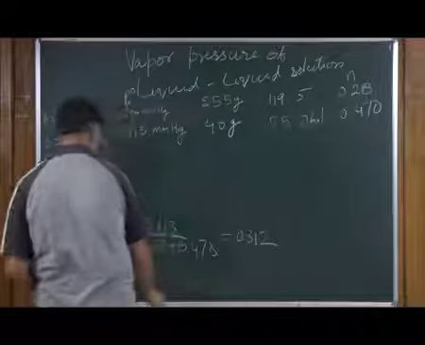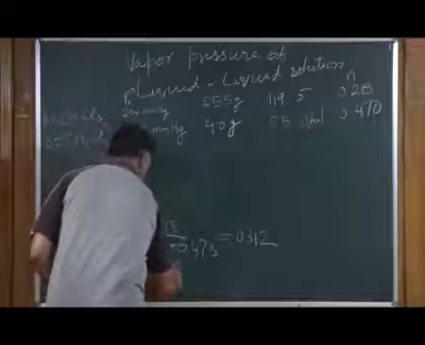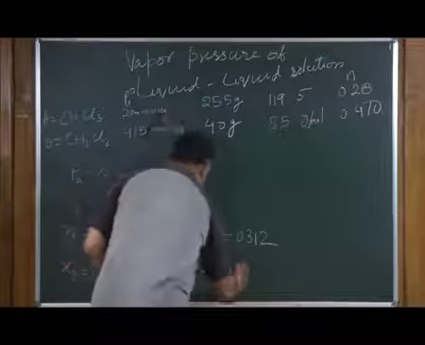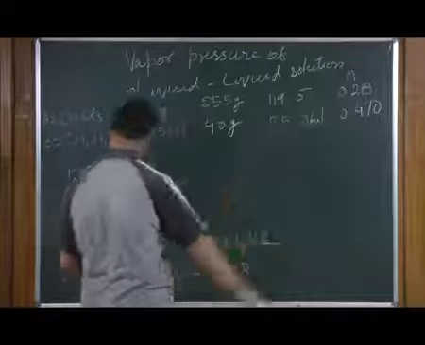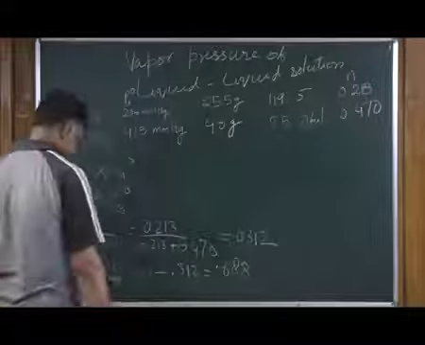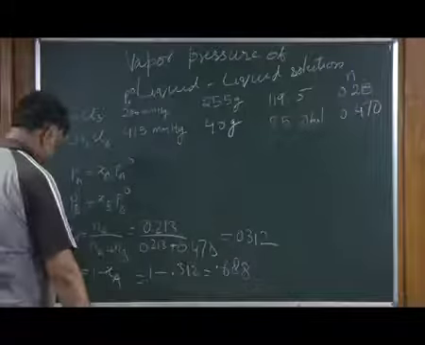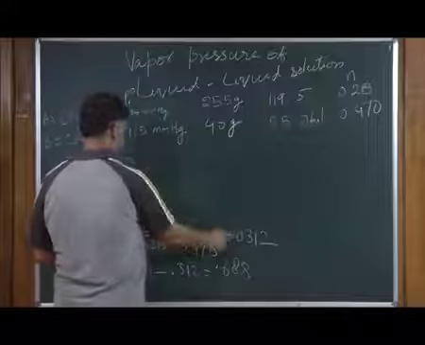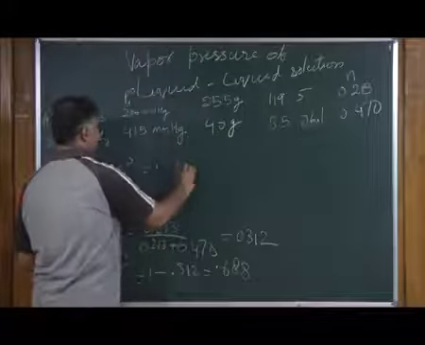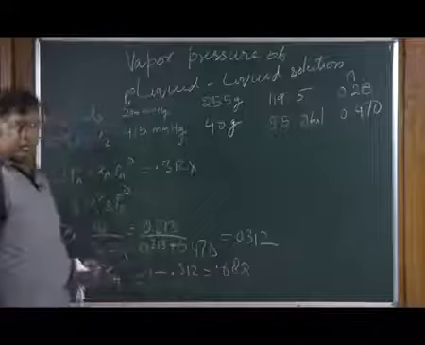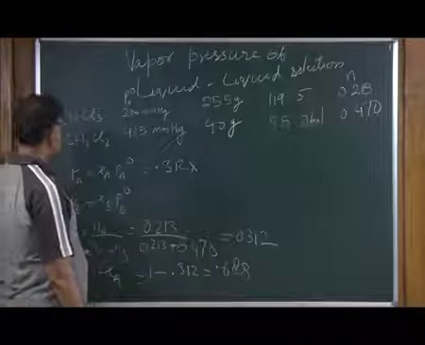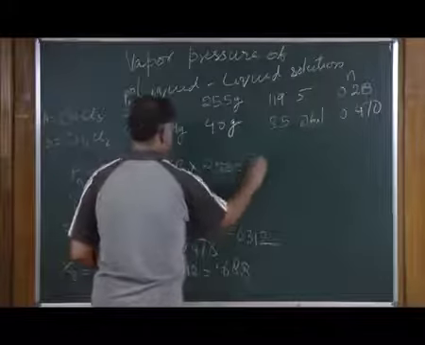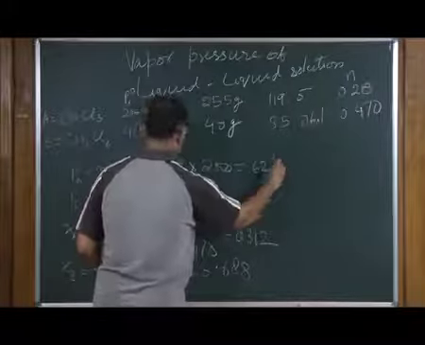And of course, using this formula, 1 minus 0.312, I get 0.688. Now, I have all the information required. The PA would be given by XA, we have calculated 0.312, multiplied by PA0, which is given right here, 200. So, I get 62.4.